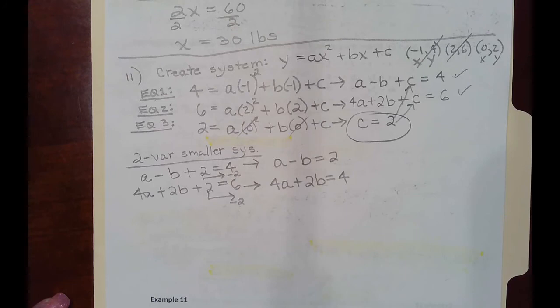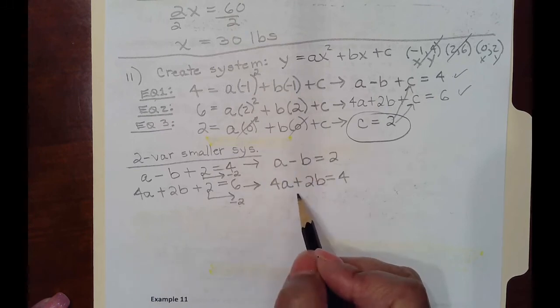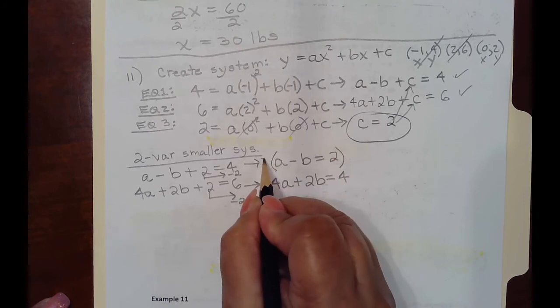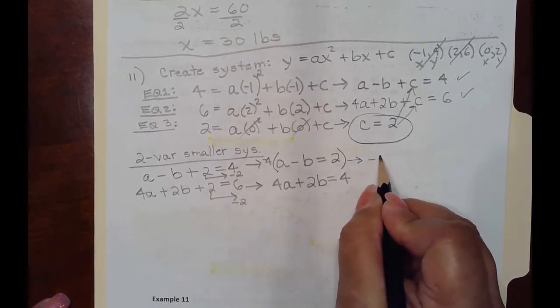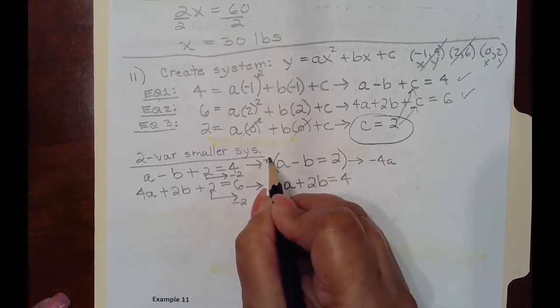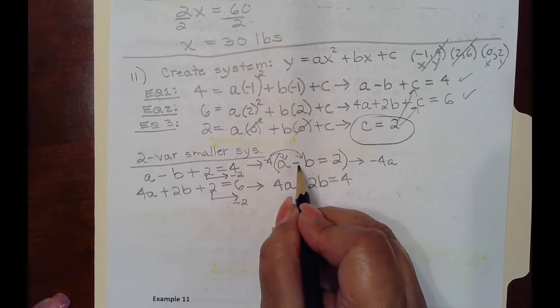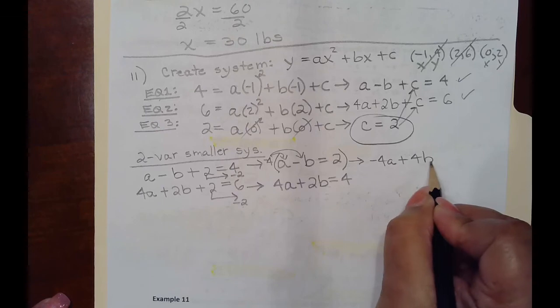Okay, so continuing with this, I see that if I do want to get rid of the a's, you can either get rid of the a's or the b's. You'd have to multiply this top if you were going to get rid of the a's by negative 4. I'm going to go after the a's, so that would give me negative 4a, then negative 4 times negative b would be positive 4b.